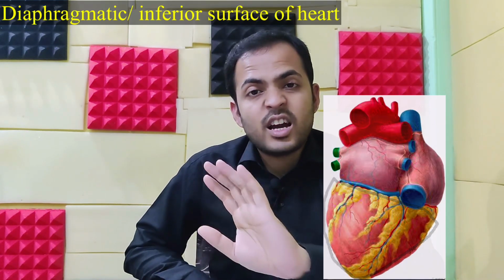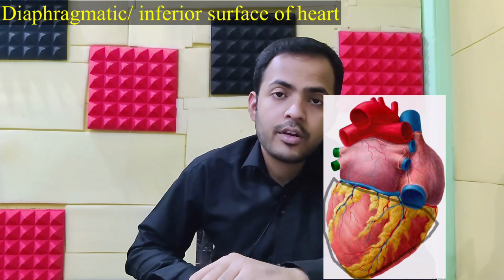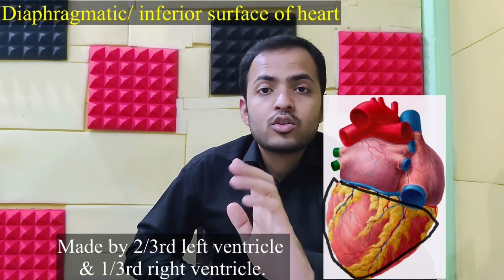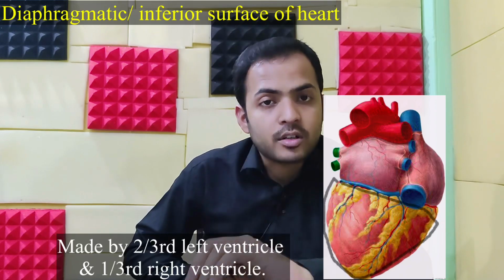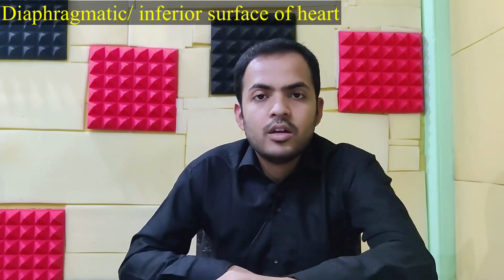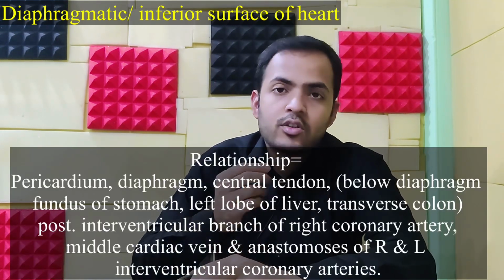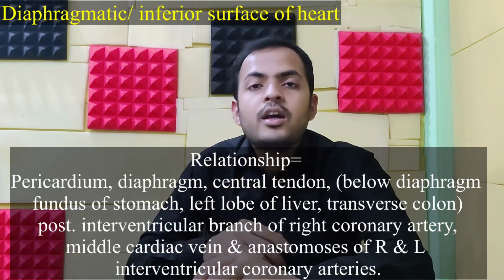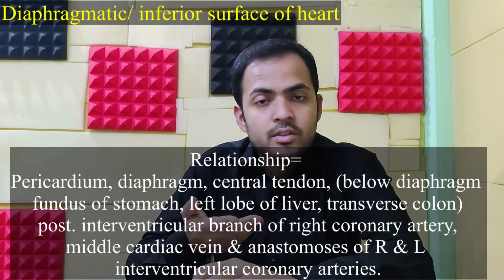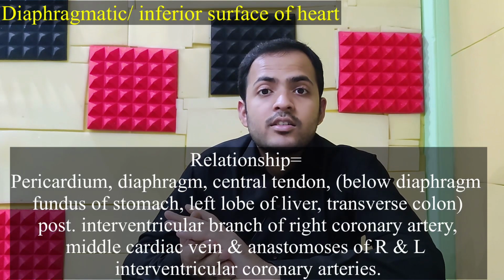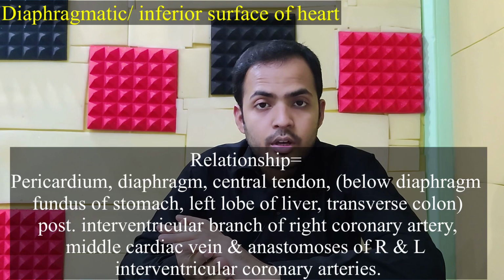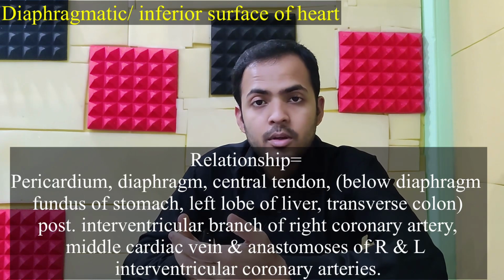And now the diaphragmatic surface. It is also known as the inferior surface of the heart. It is made by 2/3 of the left ventricle and 1/3 of the right ventricle. It is flat. In relation, you're going to find first of all the pericardium, common sense. As I said, it is the diaphragmatic surface, so obviously the diaphragm. Along with the diaphragm, you will find the central tendon, which holds the pericardium and the heart.